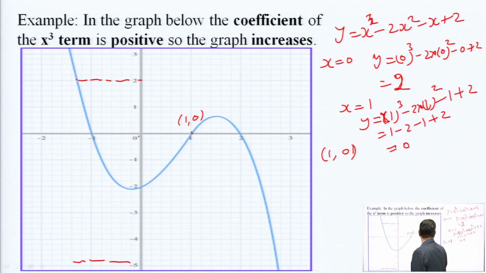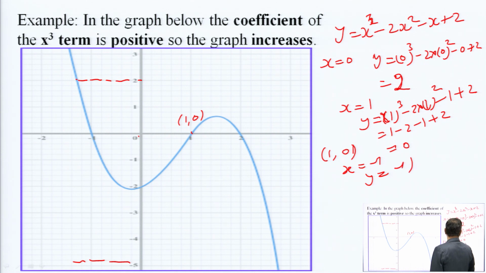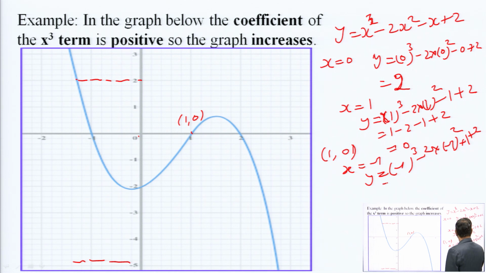When x equal to minus 1, y equal to minus 1 cube minus 2 into minus 1 square minus minus 1 plus 2. So, this is minus 1 minus 2 plus 1 plus 2.